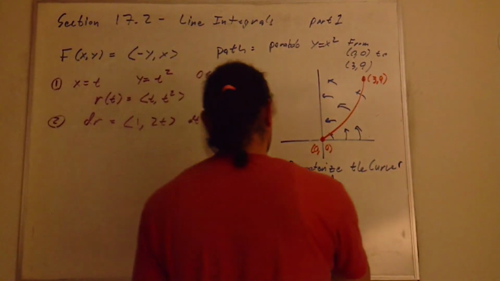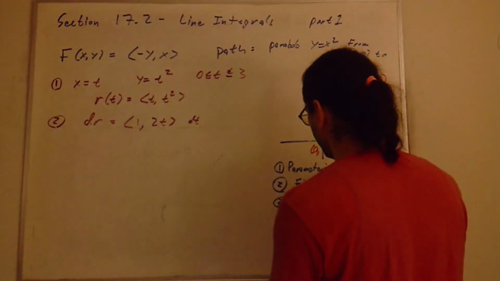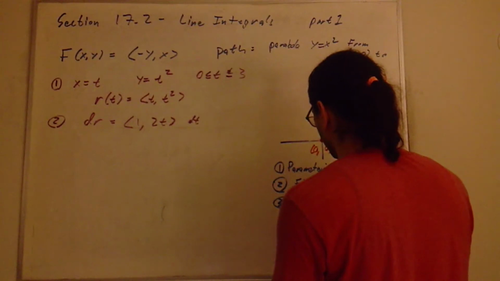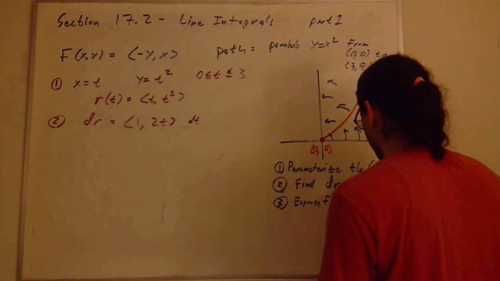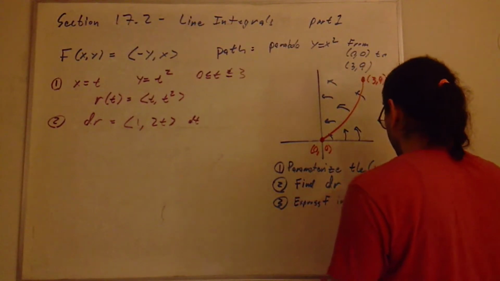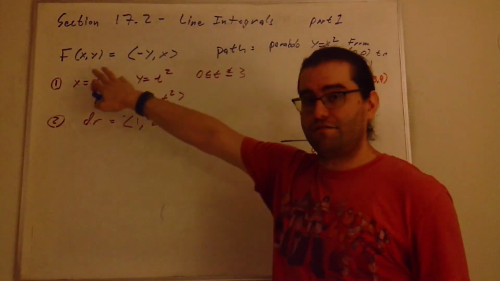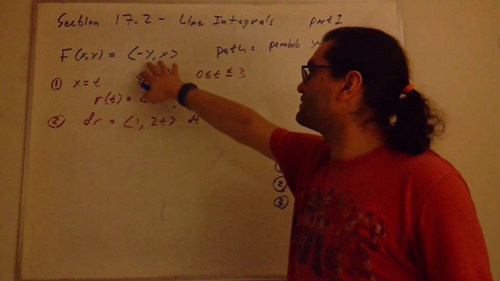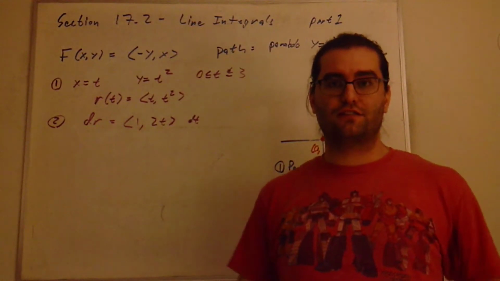Step 3. We're going to ignore dr for a minute, and we're going to express f in terms of t. So right now we have a vector field f, and that is expressed in terms of x and y. And again, we are not interested in using x's or y's here.